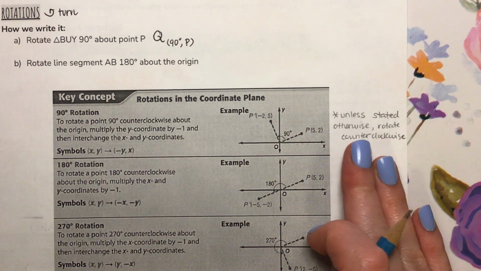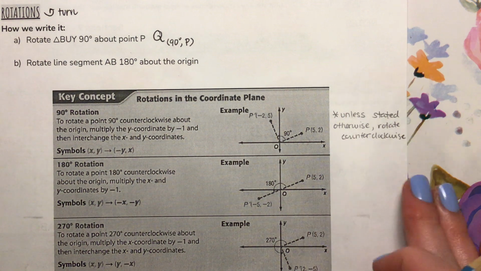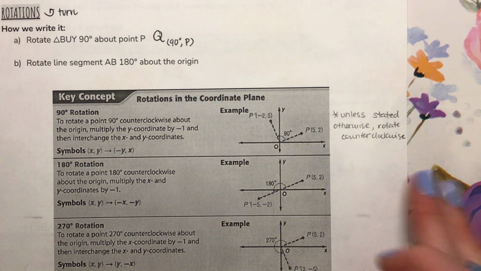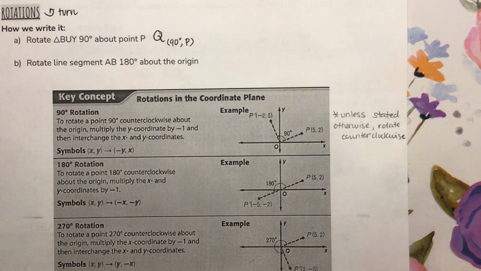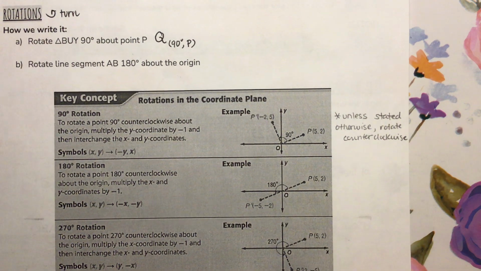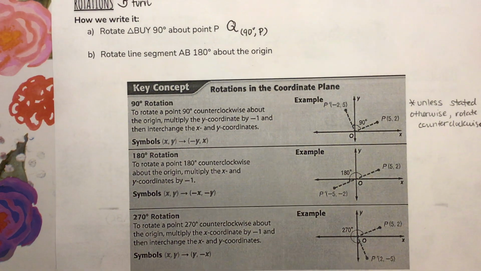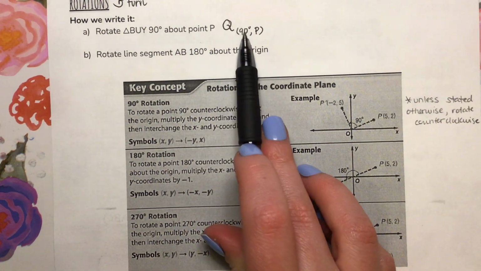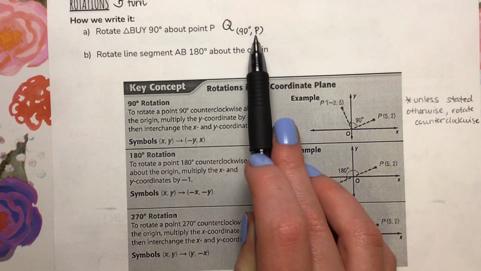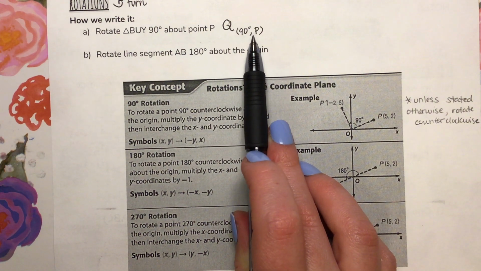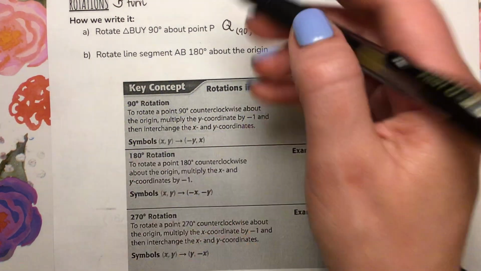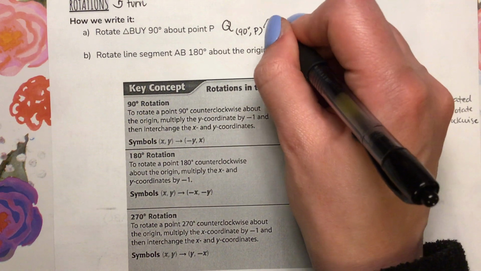So it's going to tell you clockwise, and if it just says rotate, and there's no counterclockwise or clockwise or whatever, then assume that it's counterclockwise. Okay, sorry about that, kind of a little side note. So we're rotating 90 degrees counterclockwise because it doesn't tell us any different about point P, but what are we rotating? We are rotating triangle BUY.